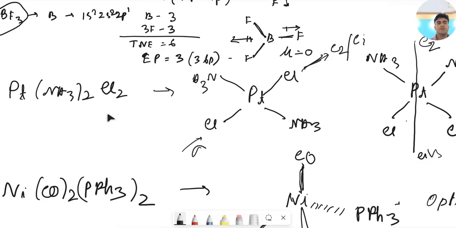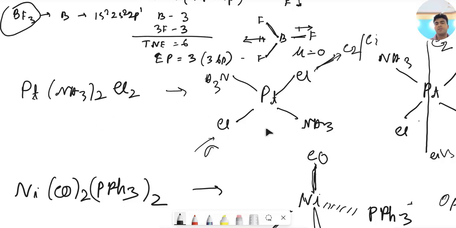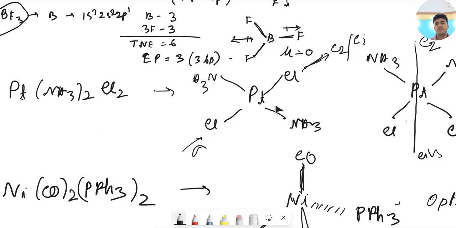This compound has 2 isomers, cis and trans. This is the trans one, and in this trans isomer there is a sigma plane of symmetry. The molecular plane is a sigma plane of symmetry, and also the plane through the Pt-Cl bond and the Pt-NH3 bond are planes of symmetry. It will also have a center of symmetry and a C2 axis of symmetry, so it will not be optically active.